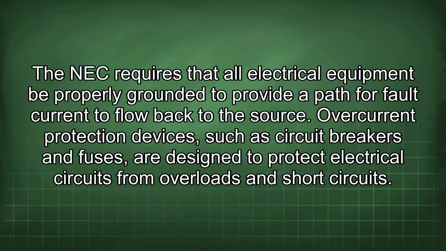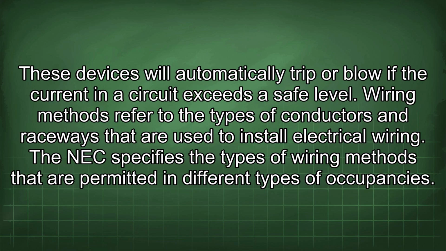The NEC requires that all electrical equipment be properly grounded to provide a path for fault current to flow back to the source. Overcurrent protection devices, such as circuit breakers and fuses, are designed to protect electrical circuits from overloads and short circuits. These devices will automatically trip or blow if the current in a circuit exceeds a safe level.